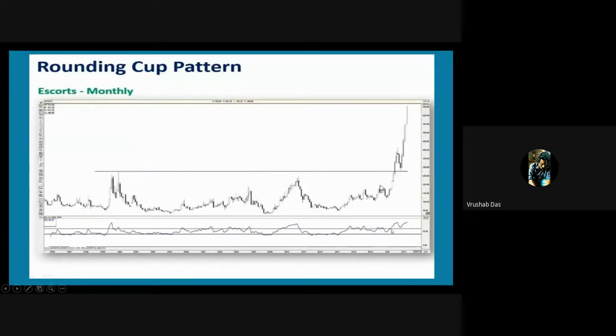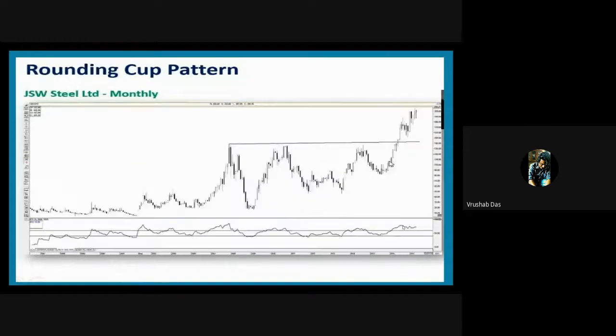The RSI has crossed the 50 level and shows momentum. So if the RSI is showing momentum, that is a second indication that the price may reverse.